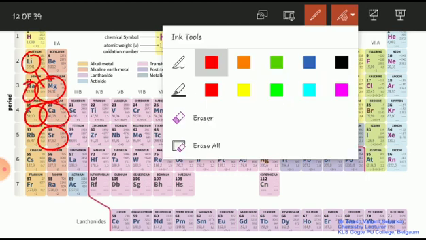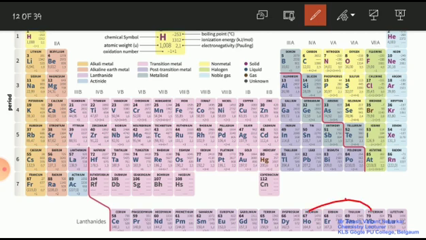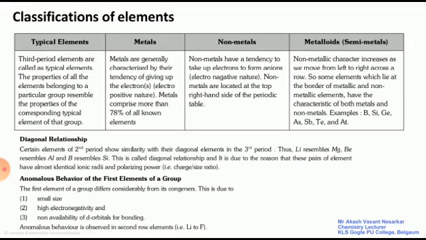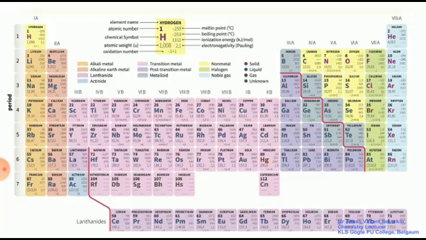Okay, so this relationship is called a diagonal relationship. That is, the second period shows similarity with the diagonal elements in the third period. Lithium resembles magnesium, beryllium resembles aluminum, boron resembles silicon.